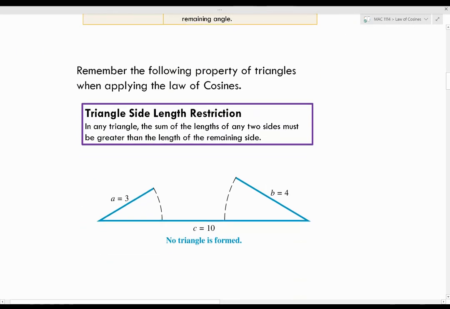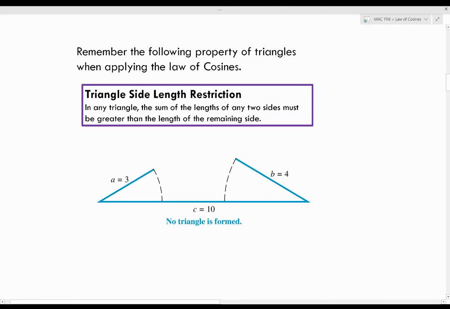There's one thing we want to keep in mind anytime we're solving these triangles: we need to follow the triangle side length restriction law, which says that in any triangle, the sum of the lengths of any two sides must be greater than the length of the remaining side. So if they give me the lengths of 3 sides of my triangle, you sum any two sides and their sum needs to be larger than the remaining side.